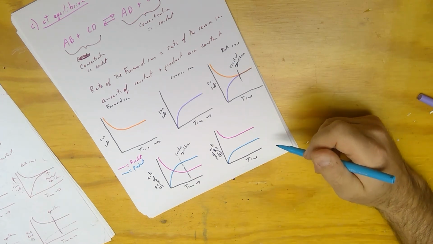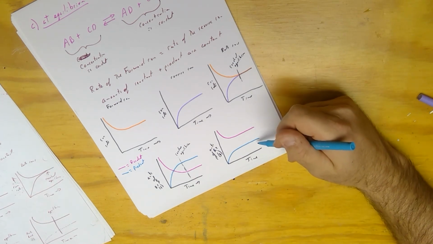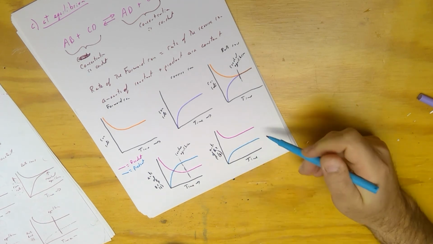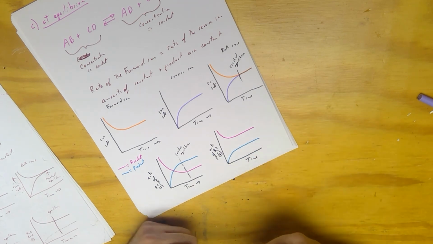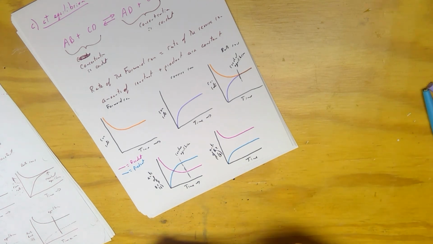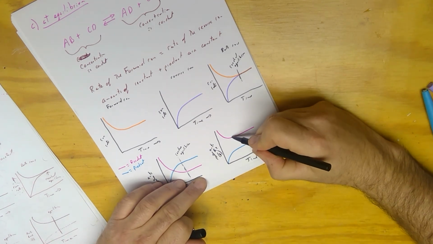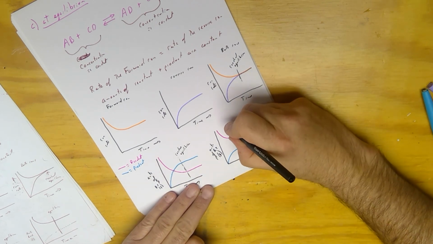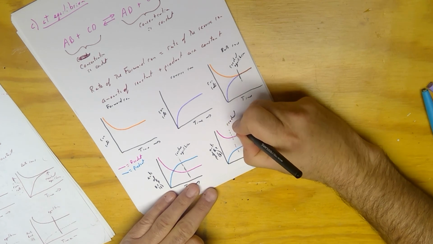And the answer is yes. They don't have to touch. Remember, at equilibrium, the amounts are constant. They're not equal. They are constant. So where do they no longer change? Well, if we look at the graph, a guesstimation is somewhere in here. They don't change anymore. So this is where it has reached equilibrium.